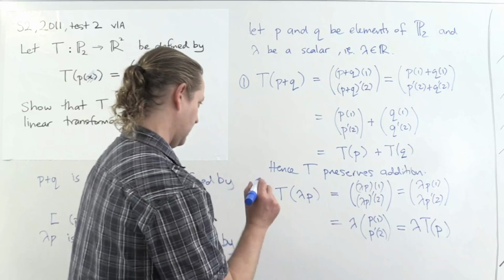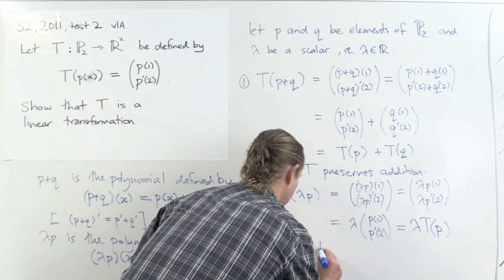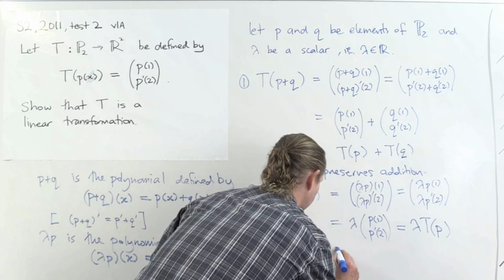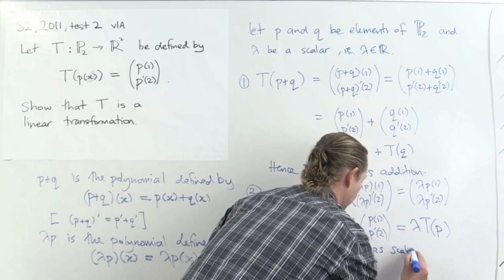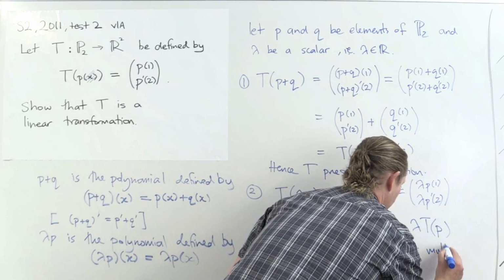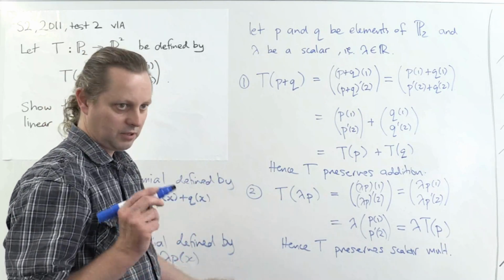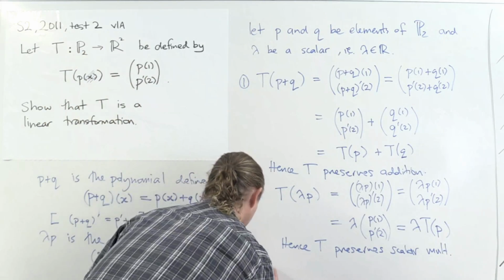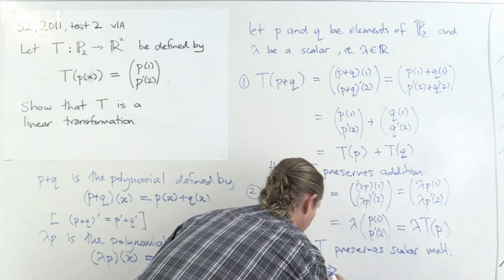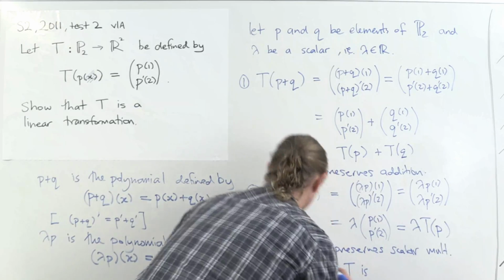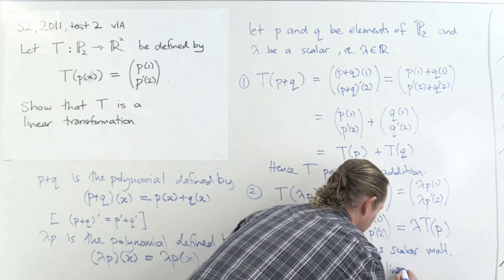So that tells us that T preserves scalar multiplication. And the two properties 1 and 2 together tell us that T is a linear map. Or linear transformation, well, the question said linear transformation. Same thing.